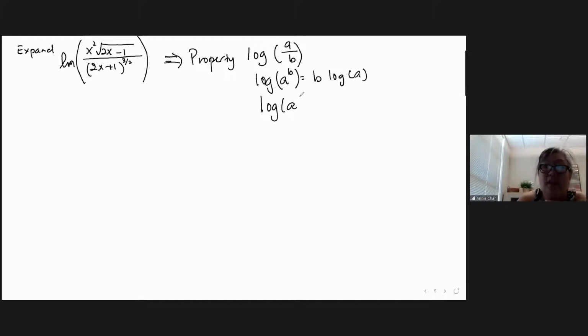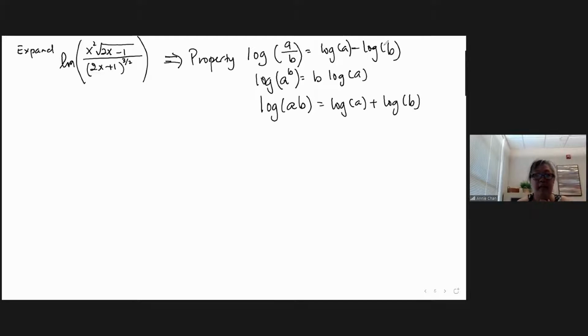Log of A times B is equal to log of A plus log of B. And this one, I should also explain, is going to be log of A minus log of B, right? Anything else? Any more? I don't think so. Okay.